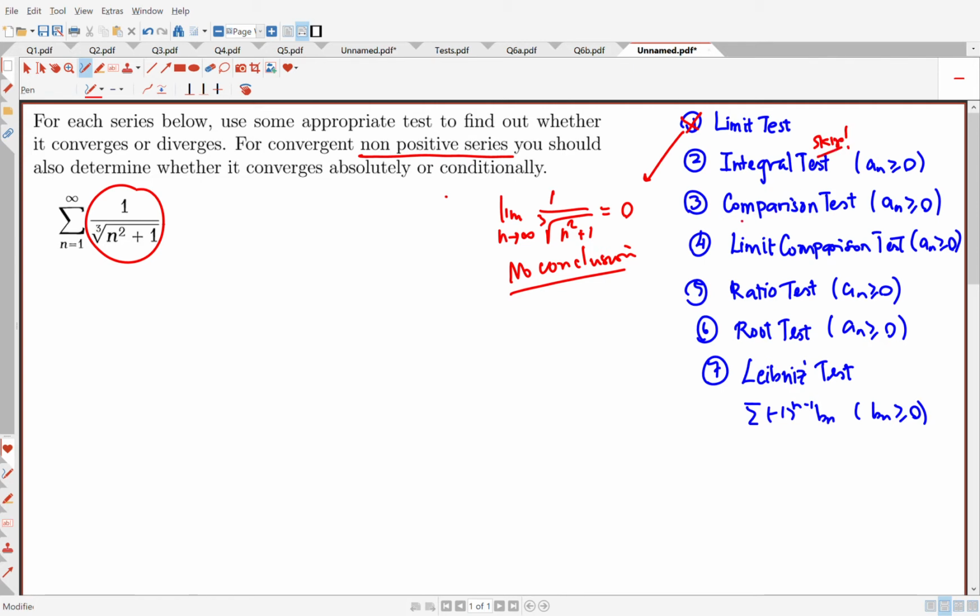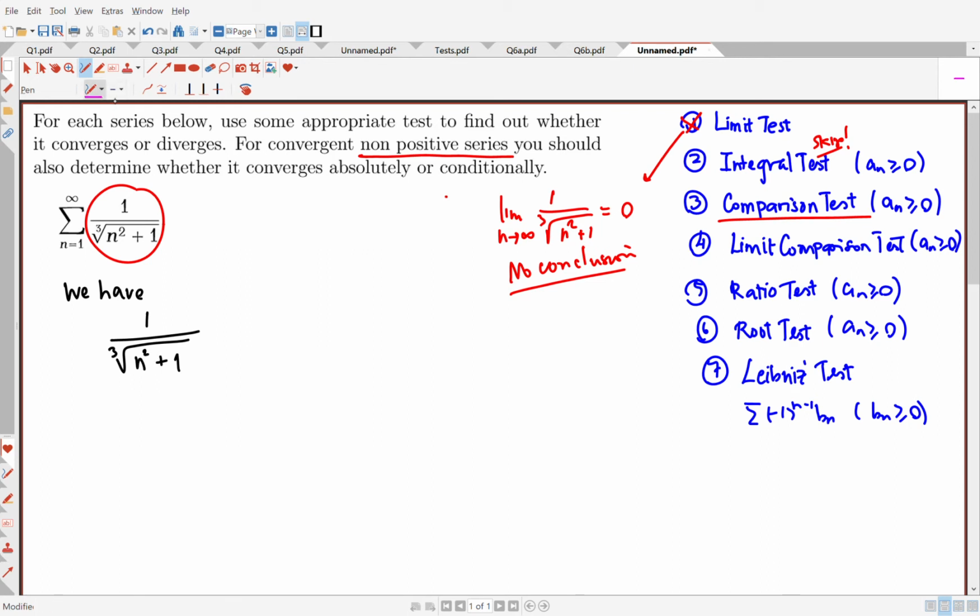How about the comparison test? This question looks like we can use the comparison test, right? We can sort of compare with 1 over n^(2/3), but let's see whether we can compare it directly or not. So we have 1 over the cube root of n squared plus 1.